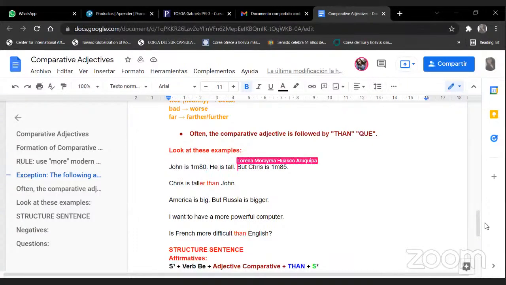He is tall, but Chris is 1 meter 85. So who is taller? Chris, right? The second one is taller than John. So Chris is taller than John, okay?